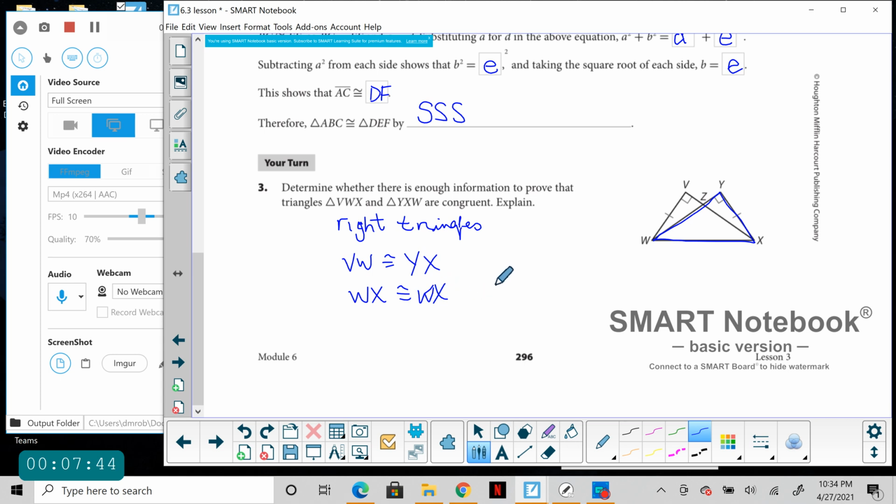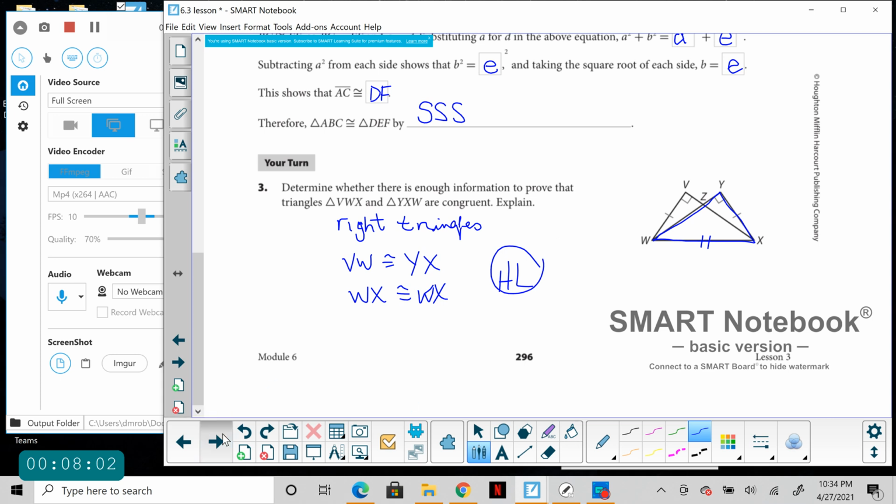Remember, reflexive property? So now that we have the hypotenuse and one of the legs congruent in a right triangle, we can say that they're congruent by the hypotenuse leg congruence theorem.